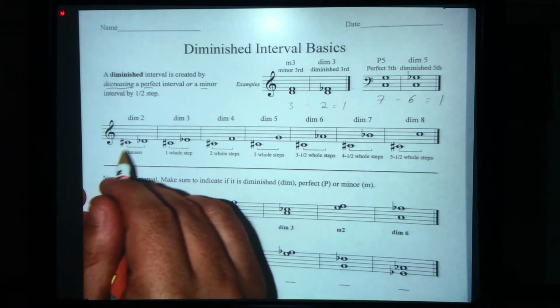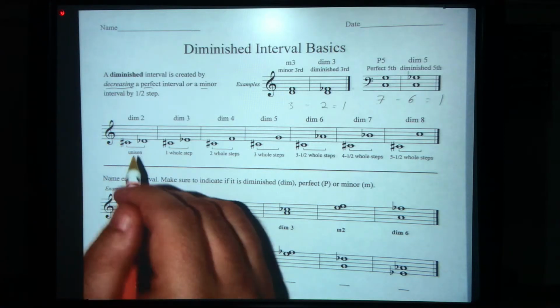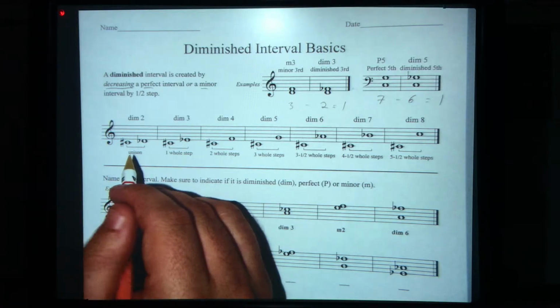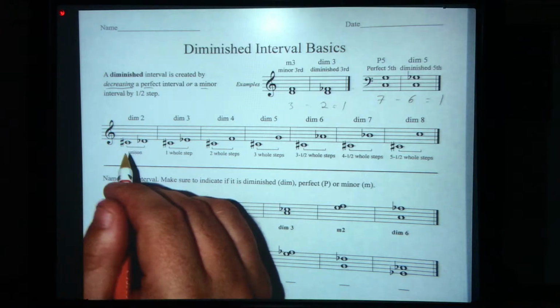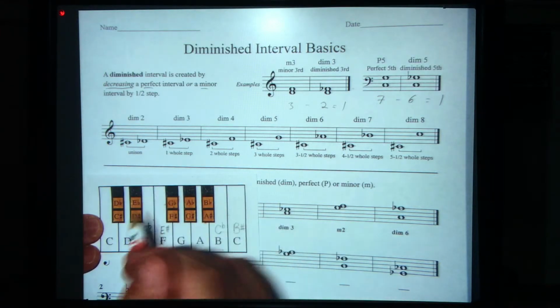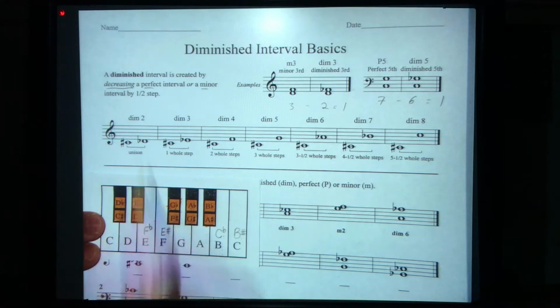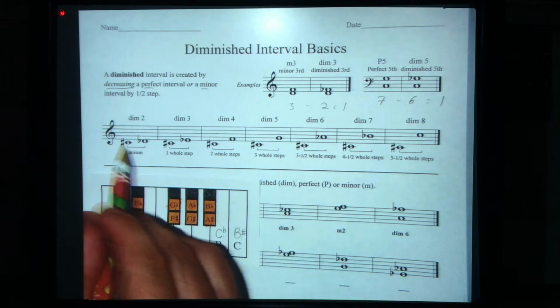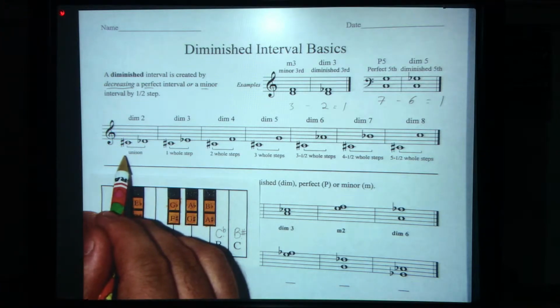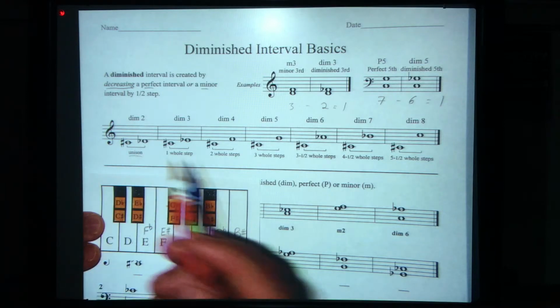So whenever the notes are on a different line or space, and they might sound the same, it's still a diminished second. So looking at the keyboard, we have C sharp, D flat. But because they are on different lines, even though they sound as a unison, they're still a diminished second.